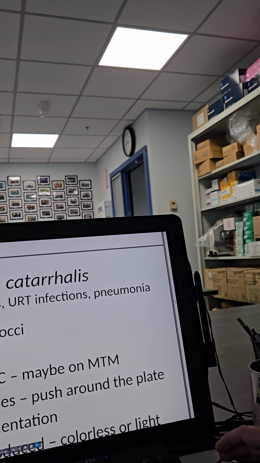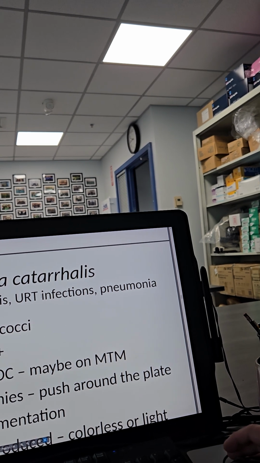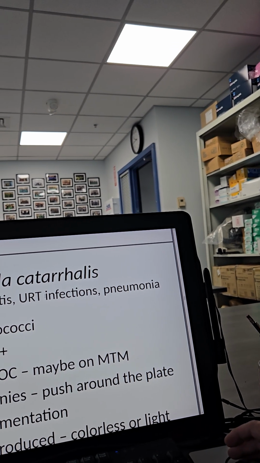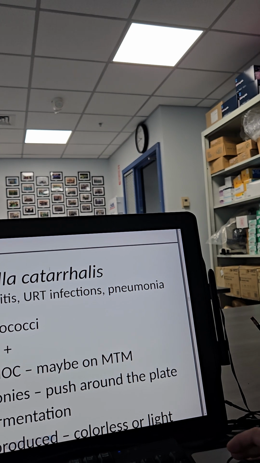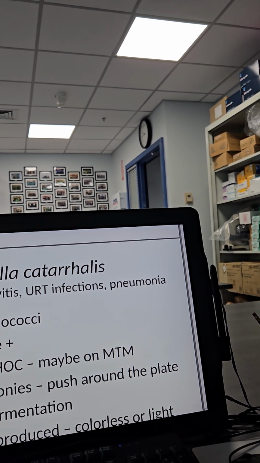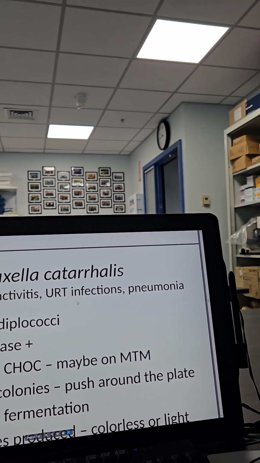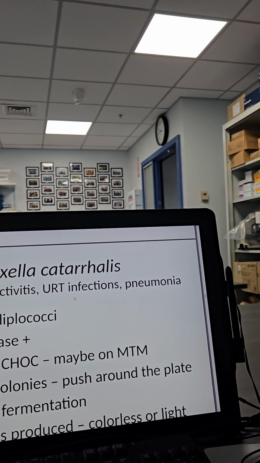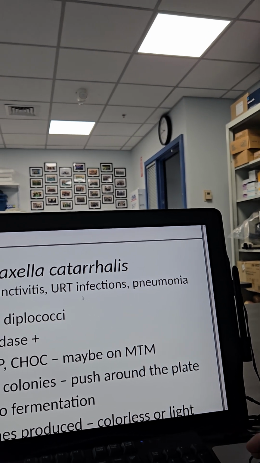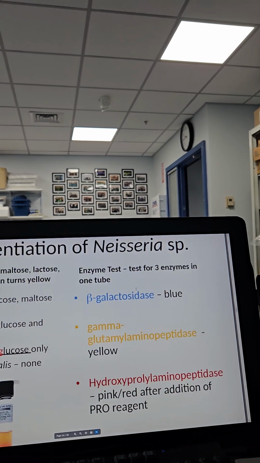I say gentle sinus infection because it doesn't really like to be outside of oxygenated areas, so it won't make it jam-packed and cause all that pressure you normally get. It'll be like, I feel really stuffed up, but I don't have excessive pain. It's a weird sinus infection.